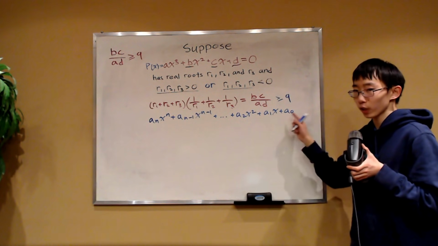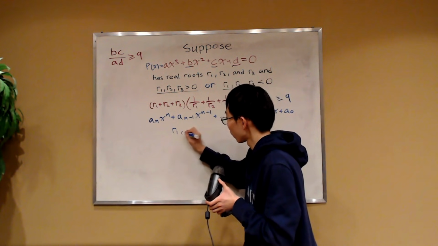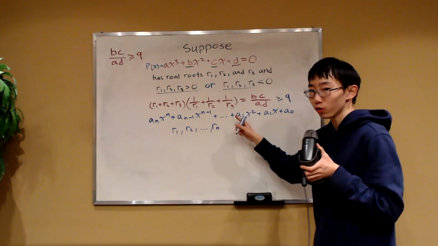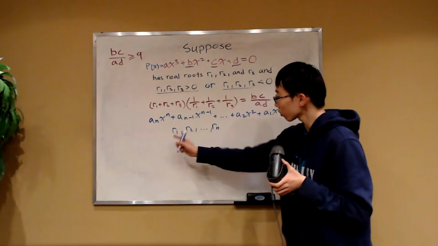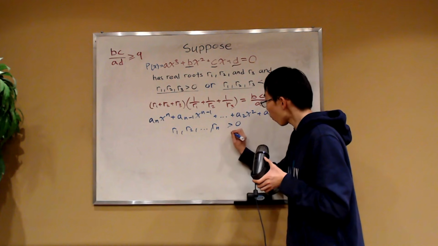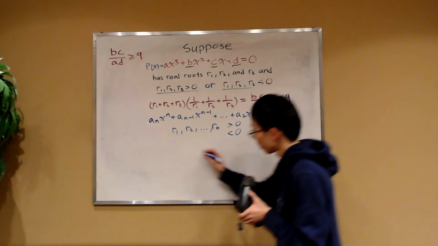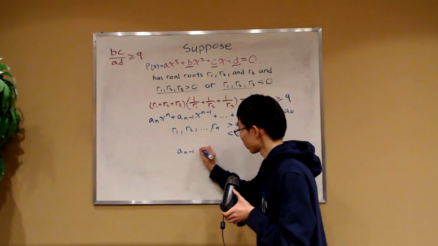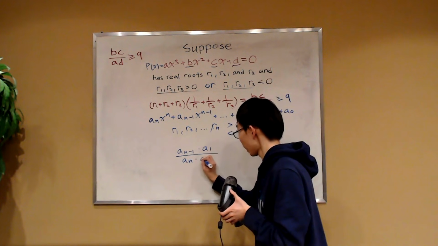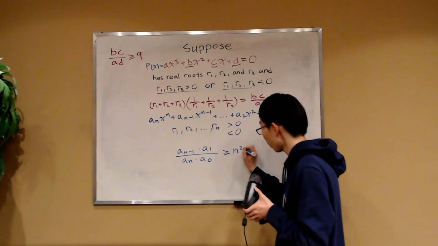If we suppose that this polynomial has the real roots r1, r2, all the way to rn, so it has n roots, right? If we suppose that they are all real and they are all greater than 0 or less than 0, then we can similarly derive that an minus 1 times a1 divided by an times a0 is always greater or equal to n squared.